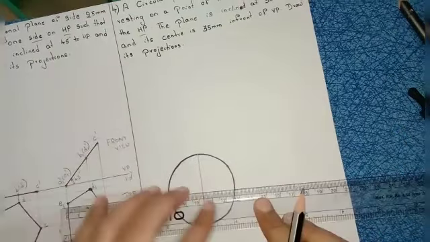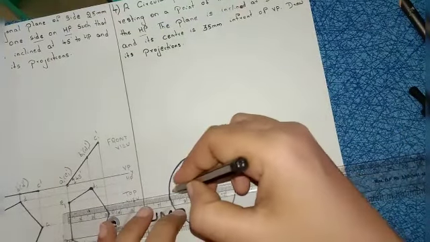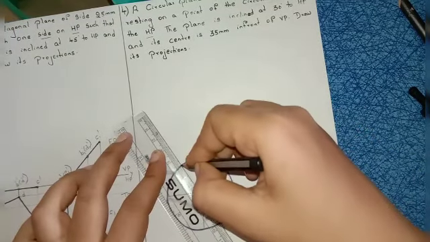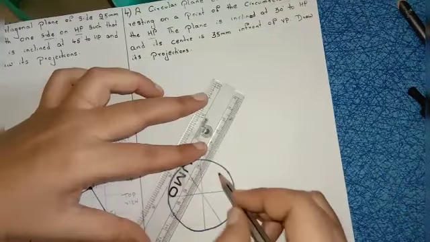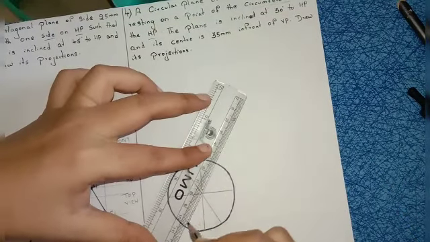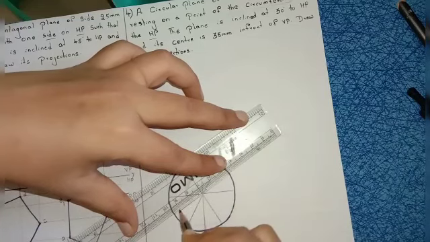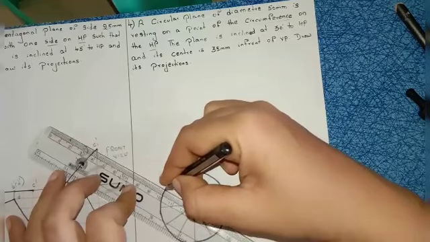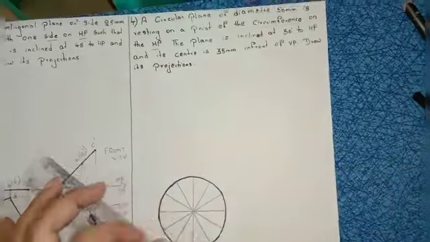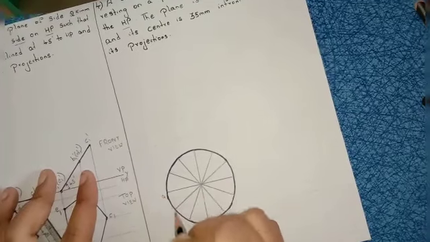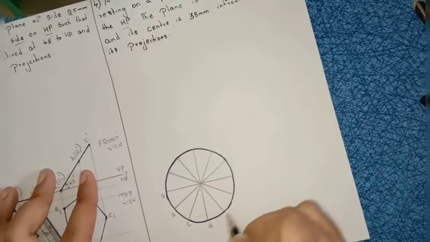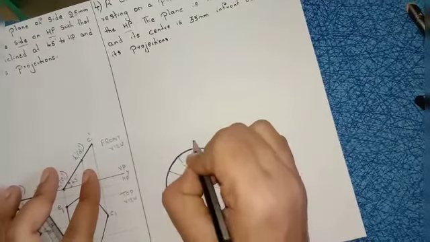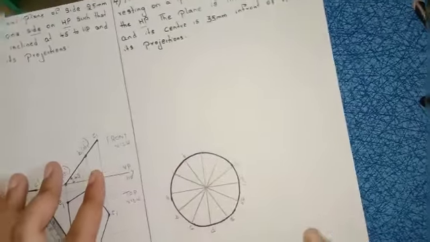This is 0, 30, 60, 90, 120, 150. Divide this circle into 12 equal parts. Now name the points A, B, C, D, E, F, G, H, I, J, K, L.